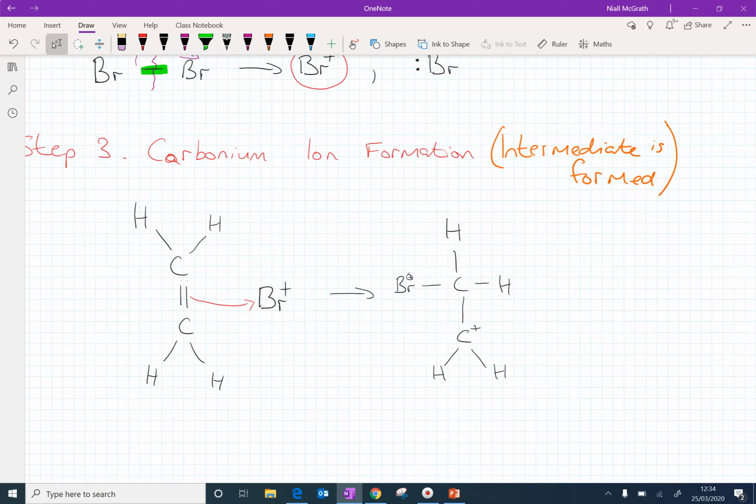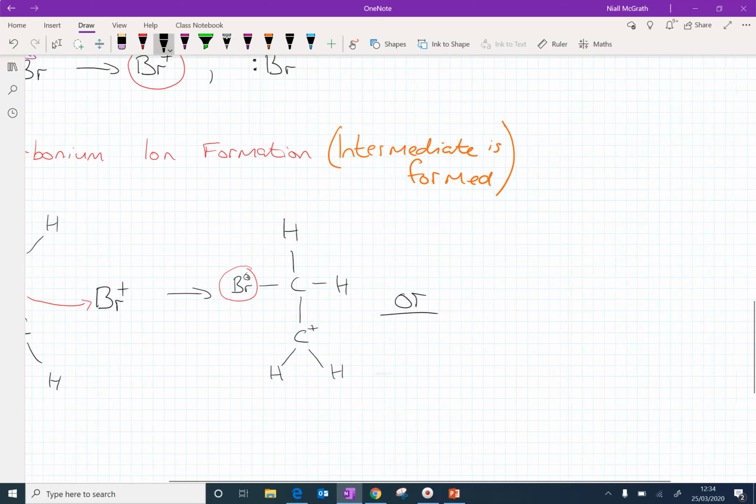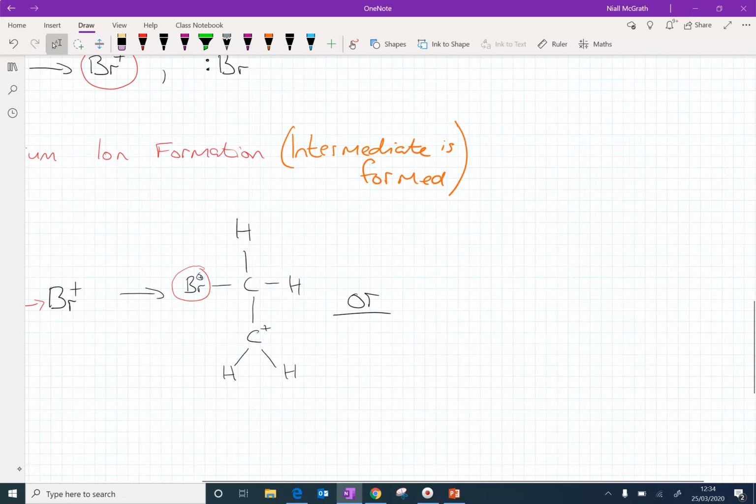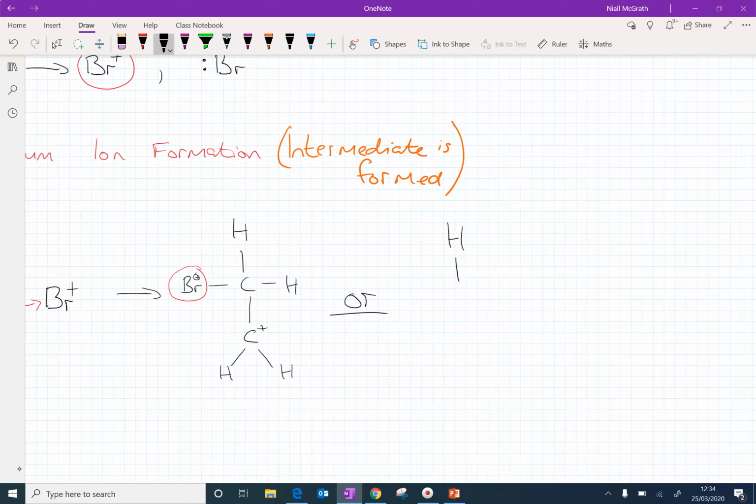It needs that extra bond to become neutral. The thing about this particular mechanism is that this bromine molecule is actually quite large. If you look at where it is in the periodic table, it's quite a large molecule. So actually what can happen is that a cyclic structure is formed. So you'll have the same thing here, you'll have H, you're into carbon, but here, your bromine.